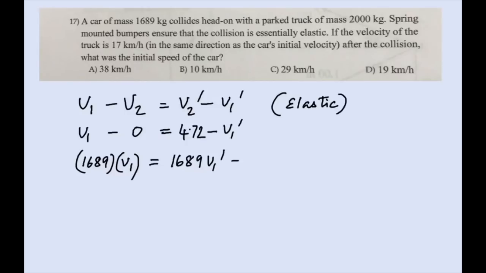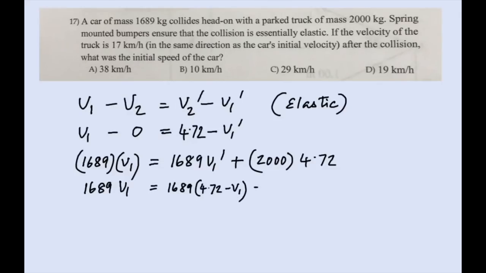So that is the total initial momentum before collision is equal to the total after collision. And then you get that equation, substitute for V1 prime from here, because when you take it to the other side, you get V1 prime as 4.72 minus V1 from this equation, right?